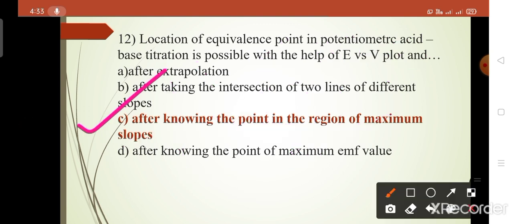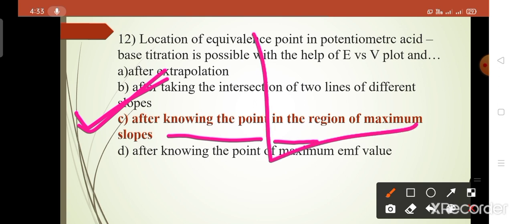But option C is correct, that is after knowing the point in the region of maximum slope. Where is the maximum slope?